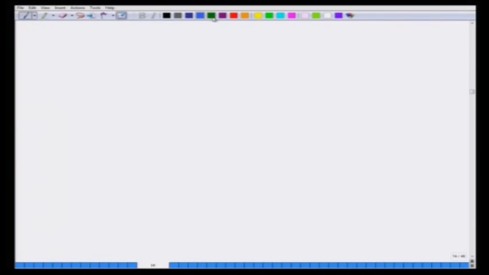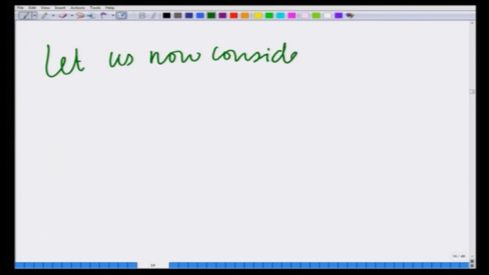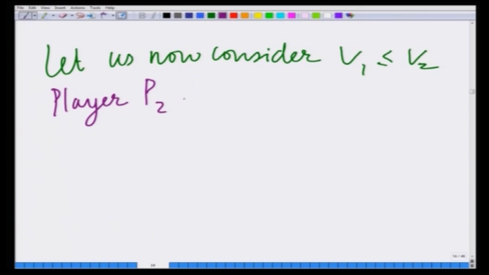Let us now consider V1 is less than or equal to V2 and player 2 is bidding B2 equals V2.